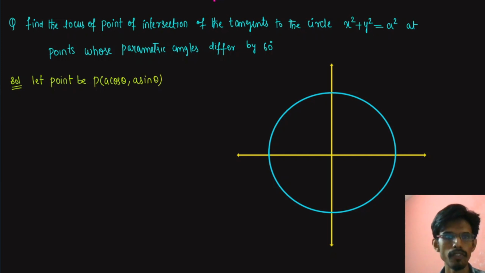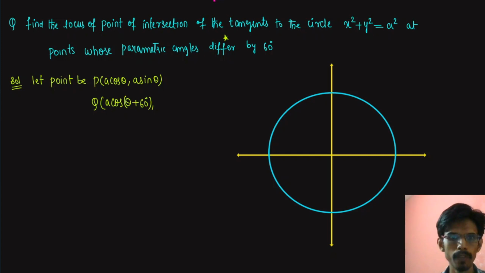Another point be Q of a cos (theta plus 60), because he said the parametric angles differ by 60, meaning if I subtract theta plus 60 minus theta, they differ by 60. It means the next point can be obtained by adding 60. So this will become Q of a cos (theta plus 60), a sin (theta plus 60 degrees).